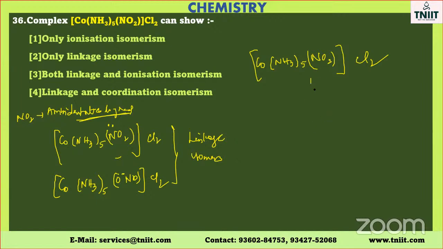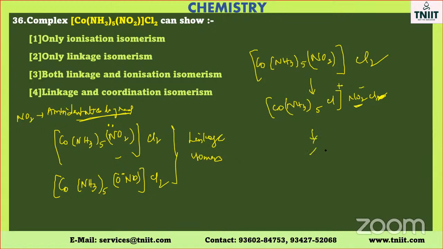Now, this molecule, you can also write as [Co(NH3)5 Cl] NO2 Cl. So it can undergo ionization to form NO2 minus and this is plus.